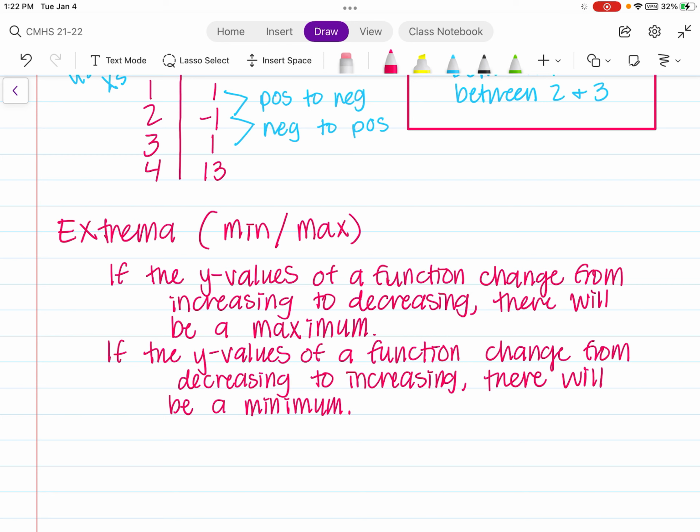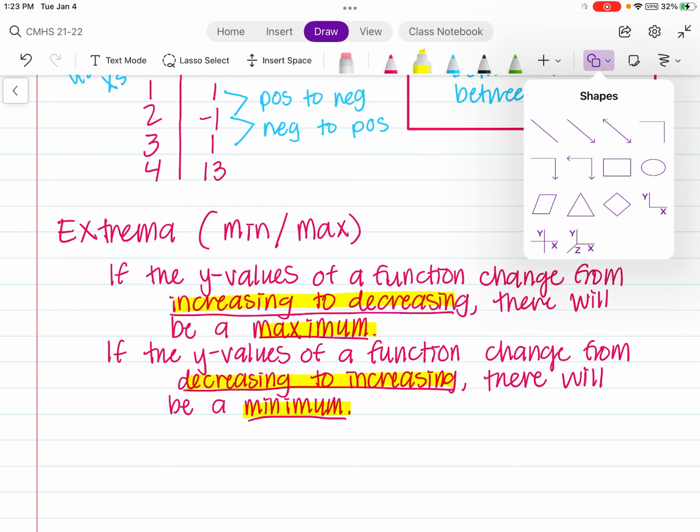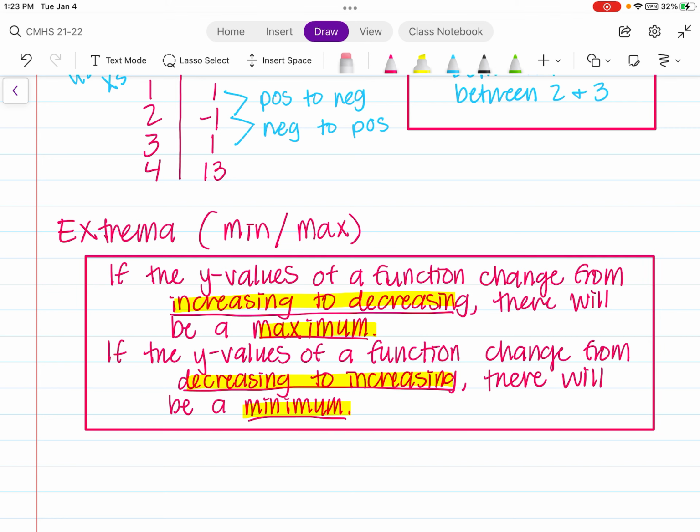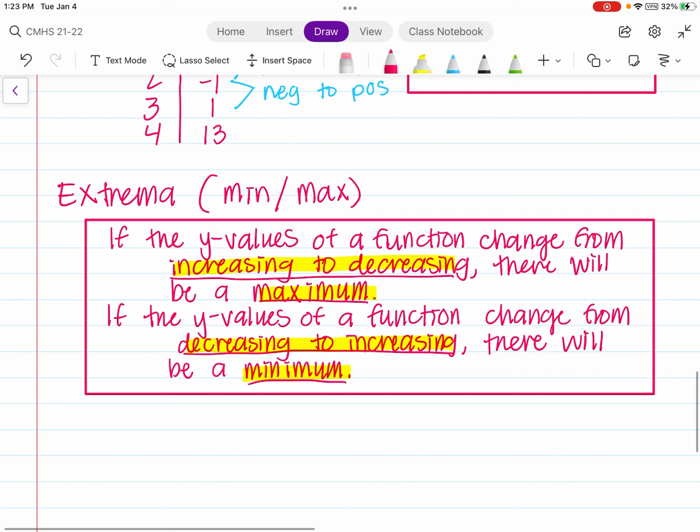Okay, and I'm going to underline increasing to decreasing is max, decreasing to increasing is min. And I'm going to box this one in just so that it's easier to find when you come back and look at your notes when you do the assignment.